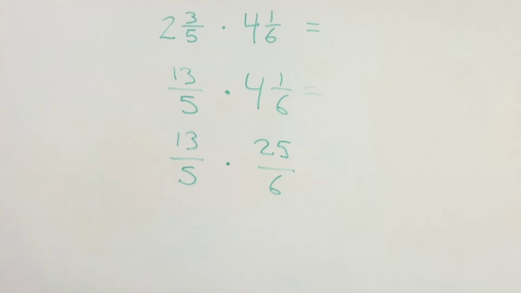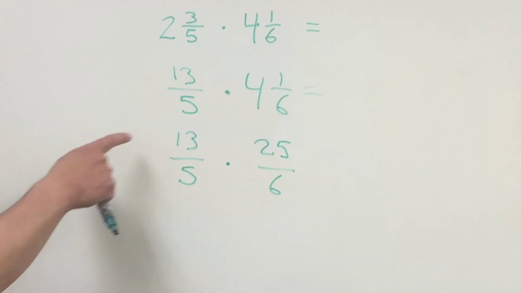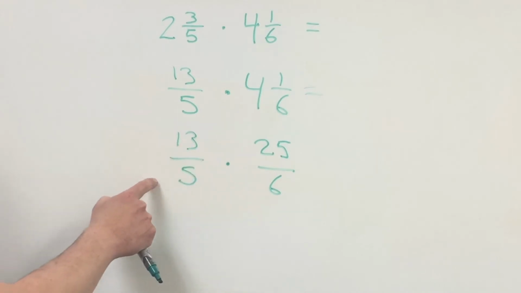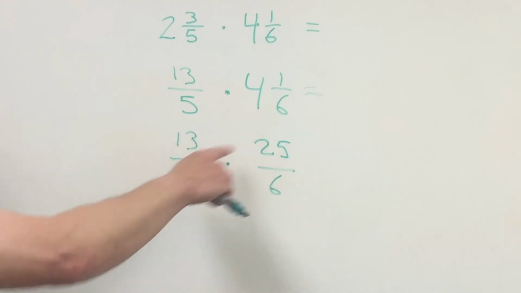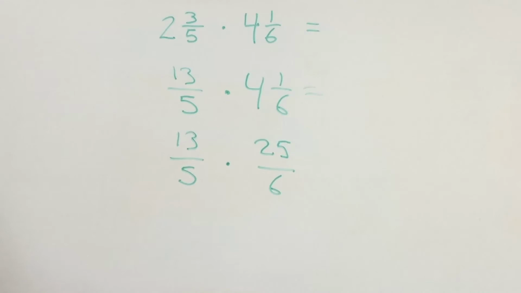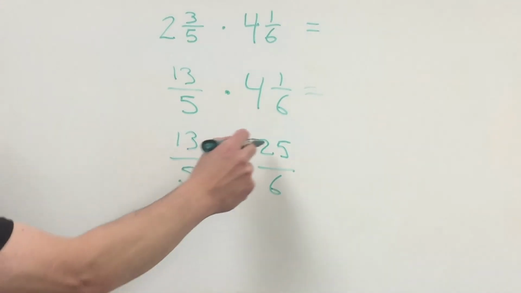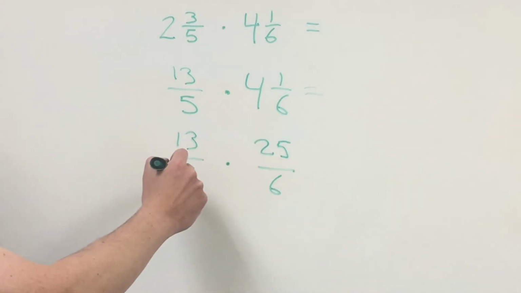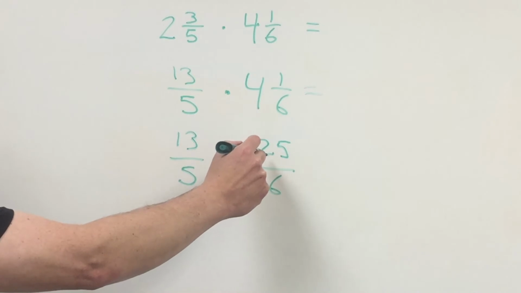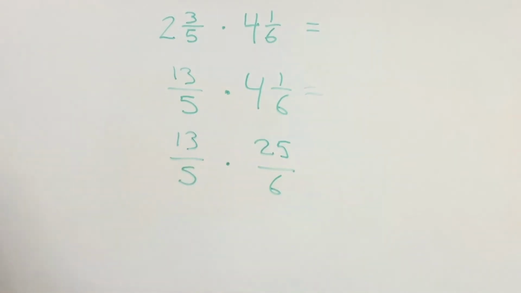So now we've turned our problem into a straightforward multiplication of fractions problem. We need to multiply the numerators and multiply the denominators. But as you can see, we actually have a canceling opportunity. 5, the denominator of 13/5, goes into 25, the numerator of 25/6, evenly.